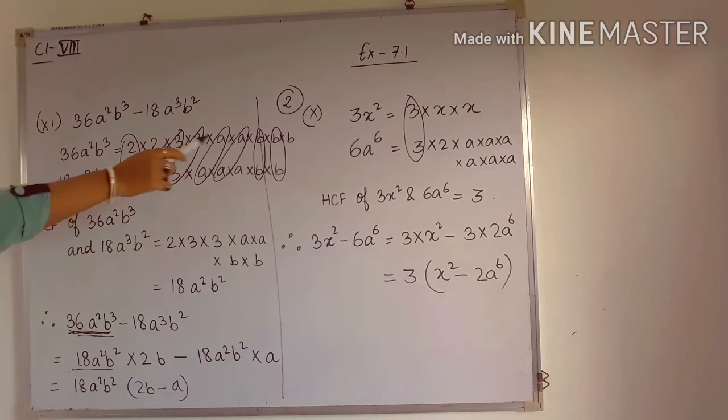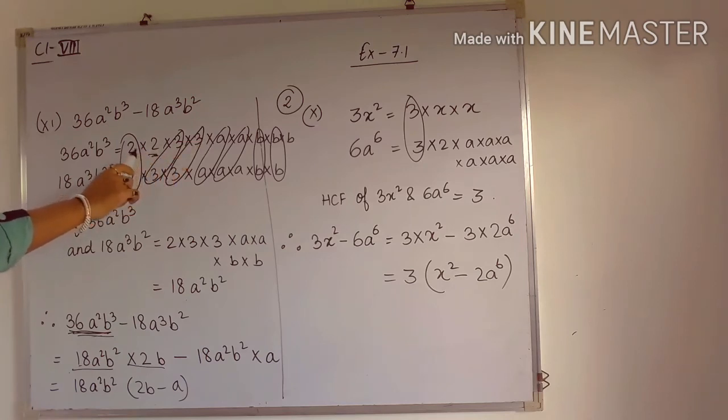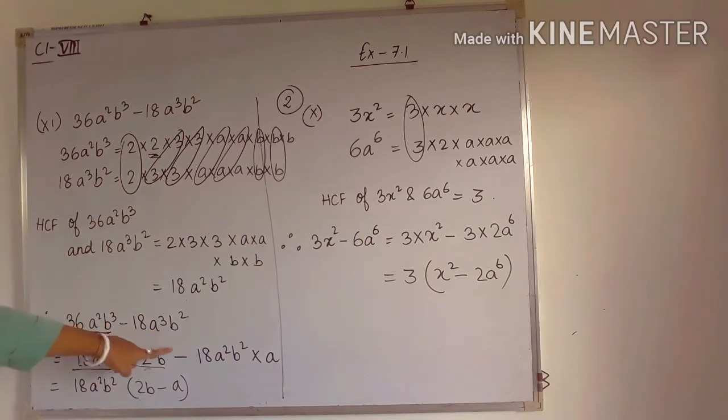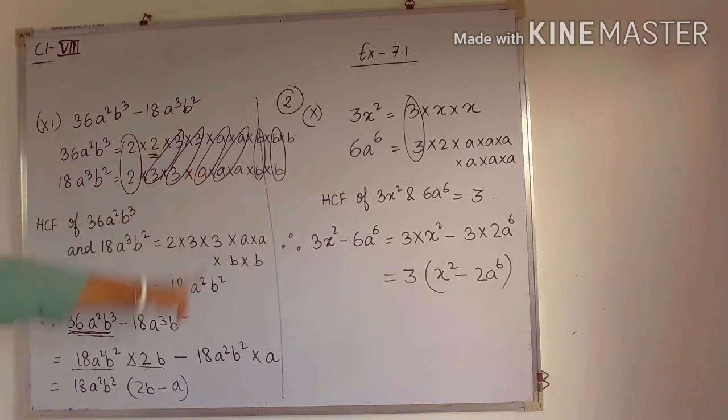One 2 is remaining and another b is remaining. So 2b. From the factorization itself you can easily see what is remaining. The remaining terms are 2 into b, so you can write 2b. Similarly, in 18a cube b square, what is the remaining term here? Only one a, so into a.